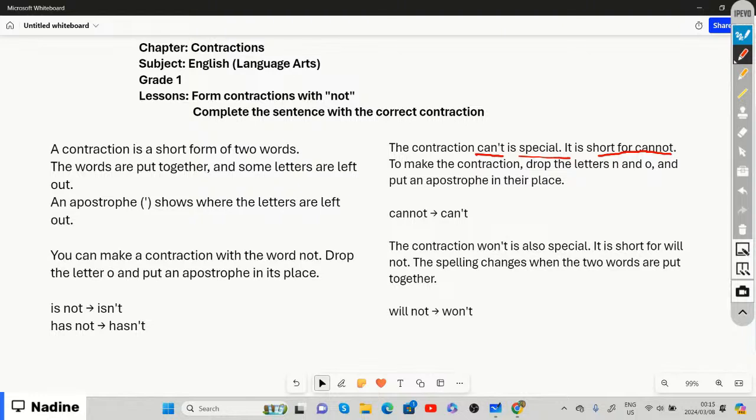So these are negative contractions, right? And in order to make the contraction, we need to drop the letters N as well as O of cannot, and then we put the apostrophe in their place.